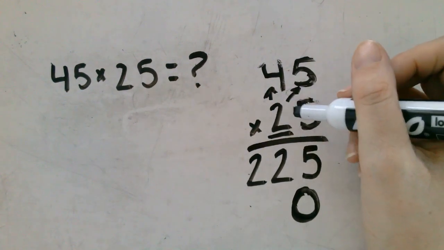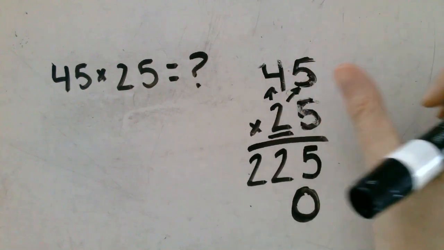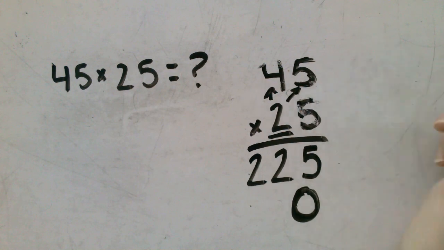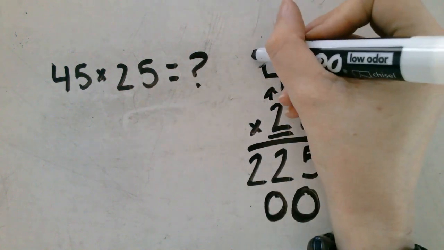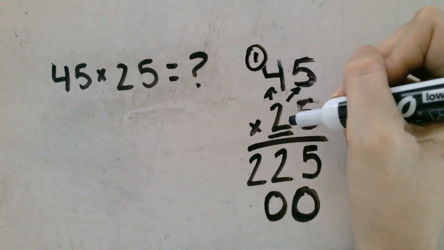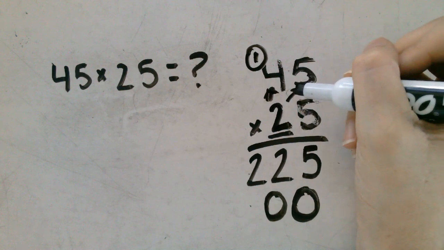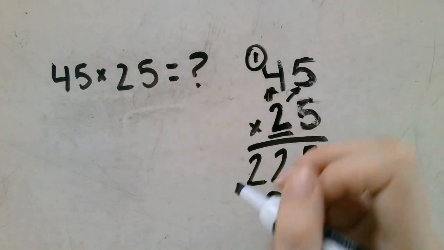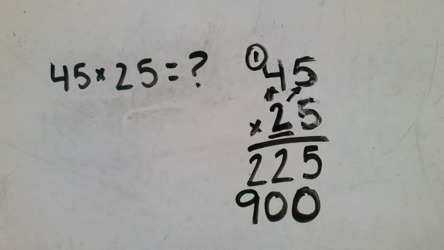Now we just multiply like we did with the first number. What's 2 times 5? 2 times 5 is 10. So we'll put the 0, carry the 1. Now we do 2 times 4 is 8, plus 1 is 9.